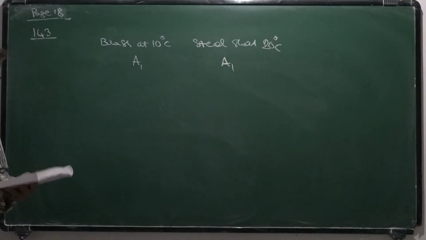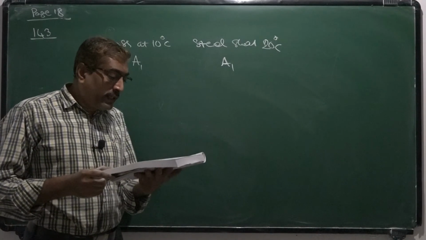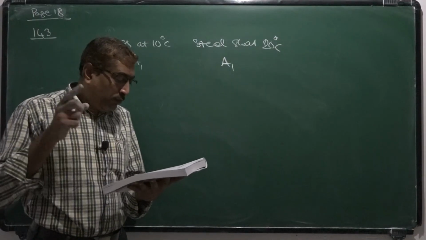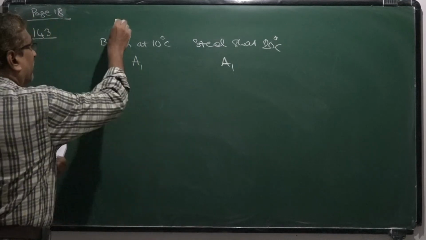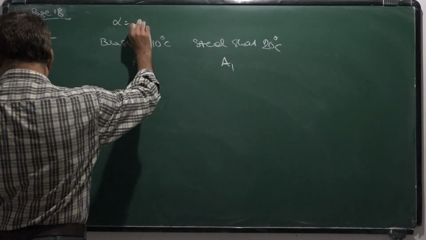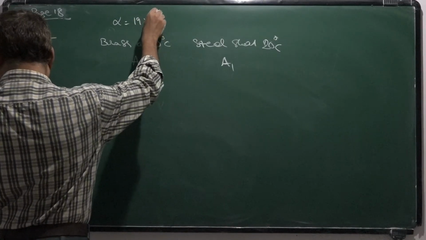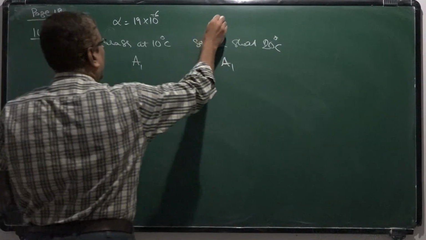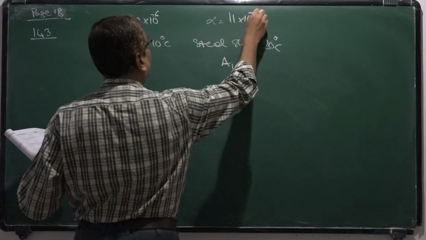Okay, now they are heated such that the common temperature at which both would have the same area again, and given alpha for brass is 19 into 10 to the power minus 6, and for steel it is 11 into 10 to the power minus 6 per degree centigrade.